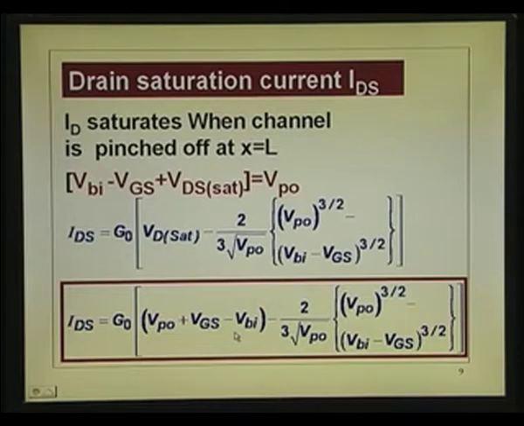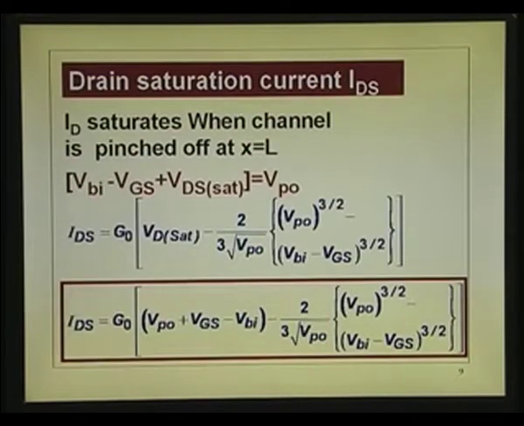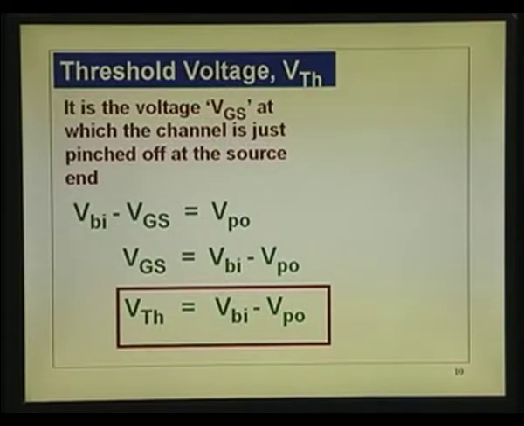How do we go ahead further? This is a saturation current. We want to simplify this. What we do is we use a term called threshold voltage. Okay. Threshold voltage is the V g s at which the channel is just pinched off at the source end.